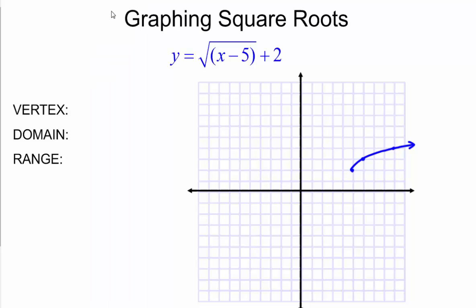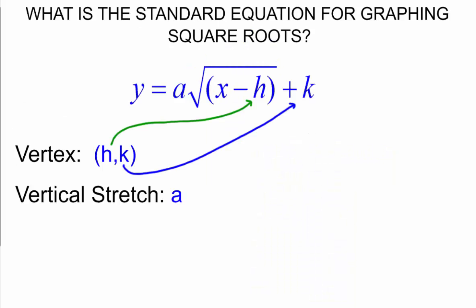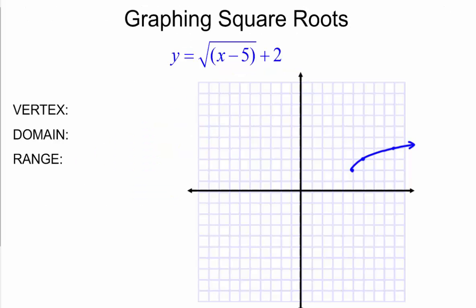Now, you may recall from the pages earlier that my vertex can be found by looking at the first equation. So by understanding the way the format works, I should be able to see that my vertex would have been at 5, 2, which we found also by using the table.